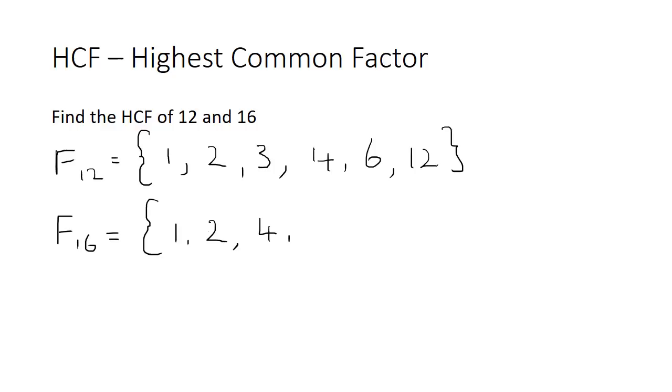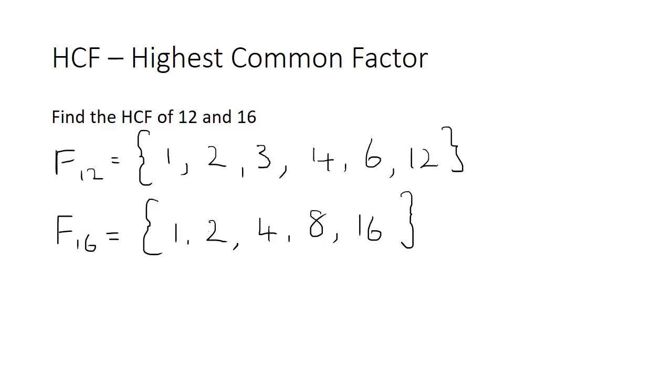I can't count in 5s up to 16. Neither can I count in 7s, but I can in 8s, 8, 16. And the next factor is 16. You'll see that the factors always have the number itself and the number 1 in.